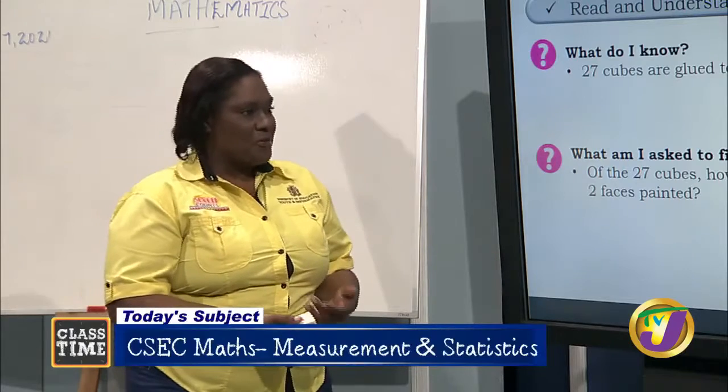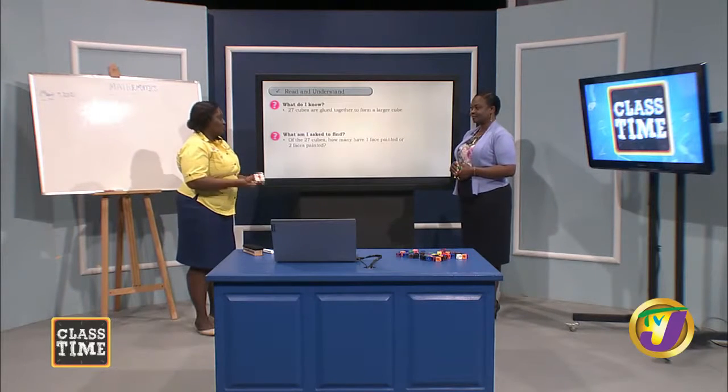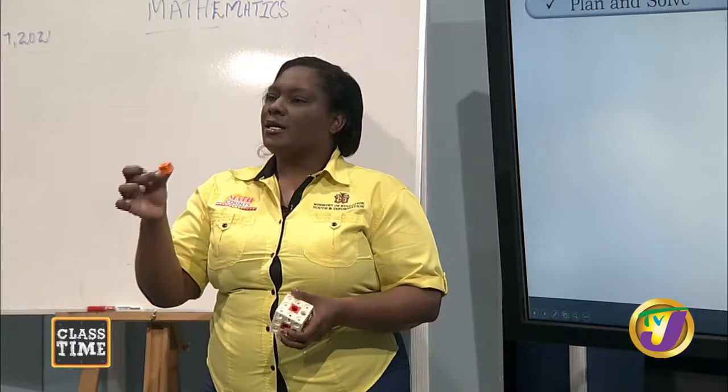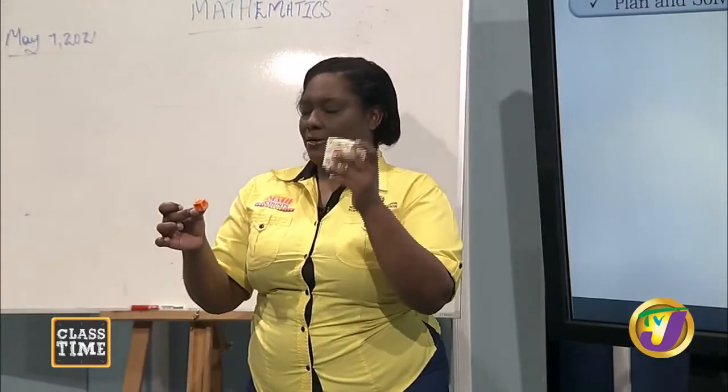What do we know from the question? We are given 27 cubes that we are going to be gluing together in order to make a bigger cube.